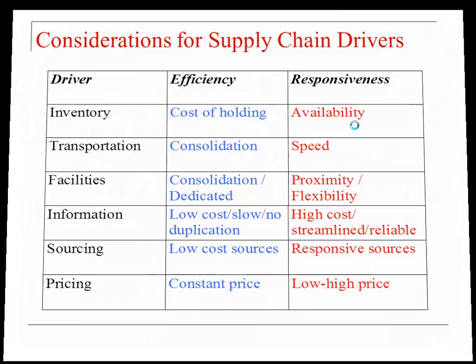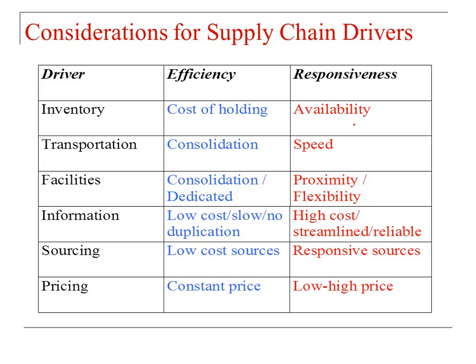In terms of the considerations for supply chain drivers, the drivers are listed here in the first column. So inventory, transportation, facility, and I highlighted this area. That's what corresponds to this class: information, sourcing and pricing. So in terms of the facilities, we want to know how efficient, and whether we can consolidate or be dedicated.